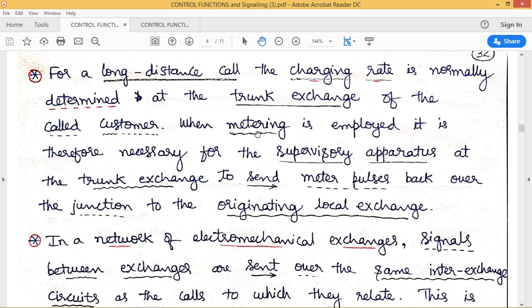Metering pulses are sent to the originating local exchange with the help of trunks or junctions. If the trunk exchange is sending meter pulses to the originating local exchange, we need to have a connection between the trunk exchange and local exchange other than the call trunks or call circuits. We need to have a particular link.